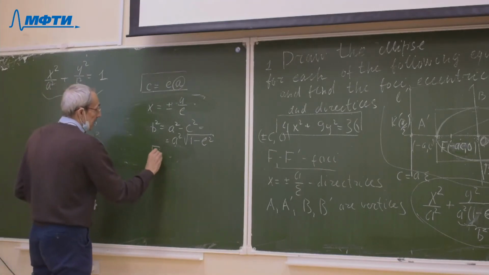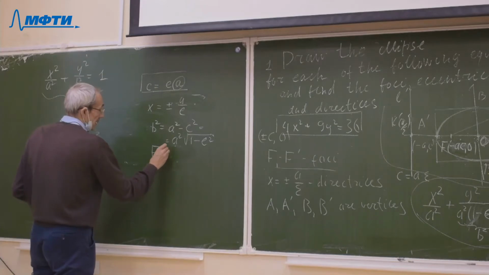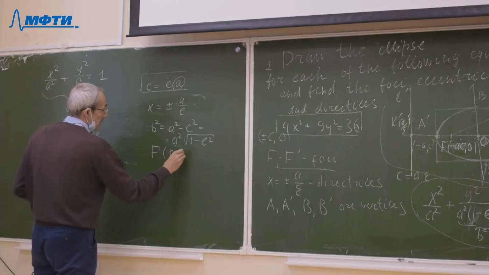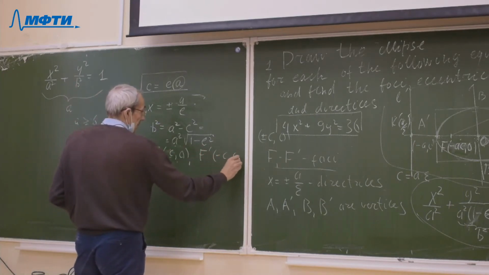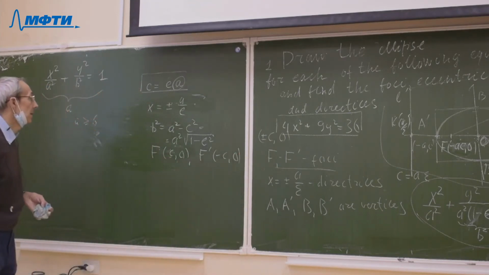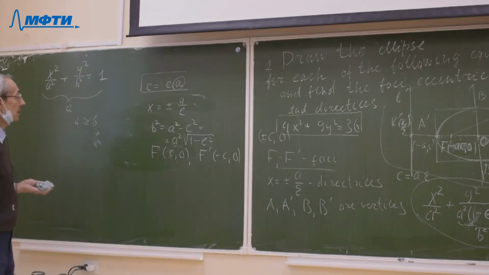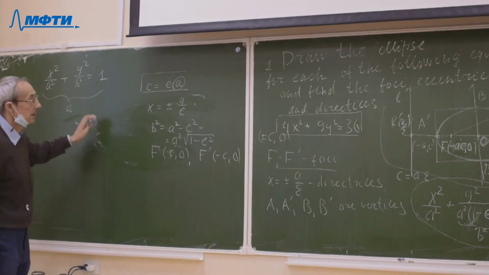For the foci, F has the coordinate (c, 0), F prime has coordinate (-c, 0), and so on.